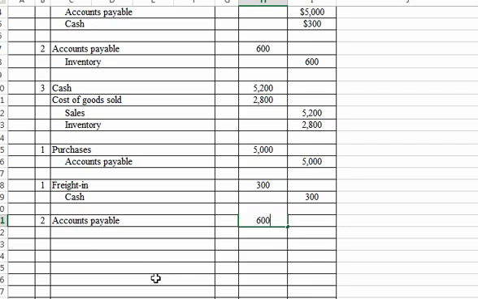That part doesn't change. The account to credit is purchase returns. It's an account only used in a periodic inventory system. Quite a bit different than the one up here, or at least the credit was different.